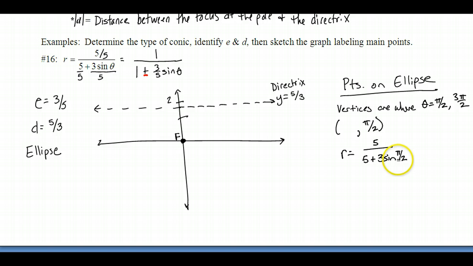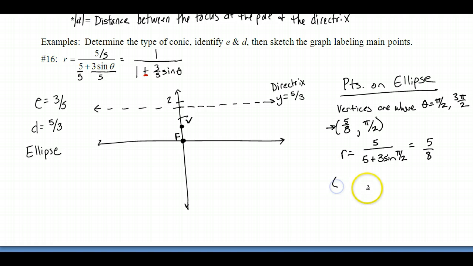Well, I know sine pi/2 is equivalent to 1. 1 times 3 is 3, plus 5 is going to give me 8. So then I would have 5/8, which makes a lot of sense. So here, and it's just approximate, it's a little bit greater than a half. Here would be 5/8, and there is a vertex point, specifically labeled.